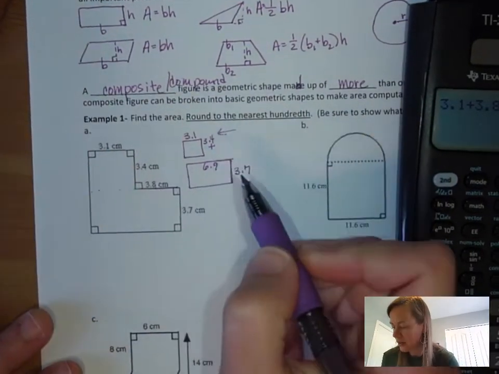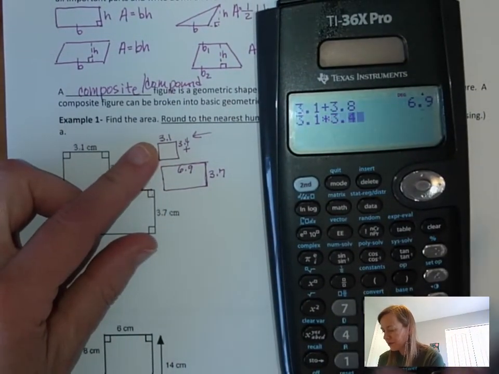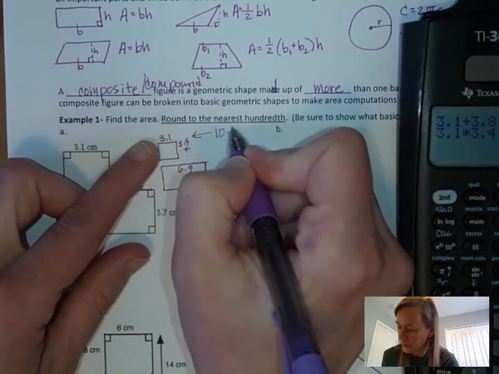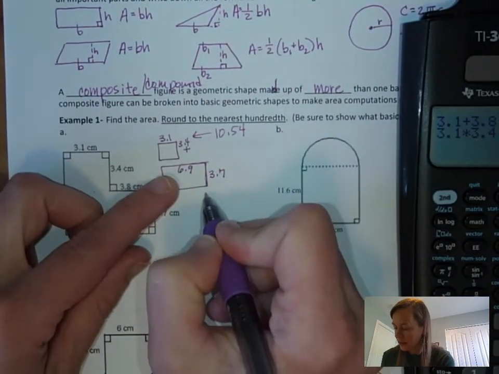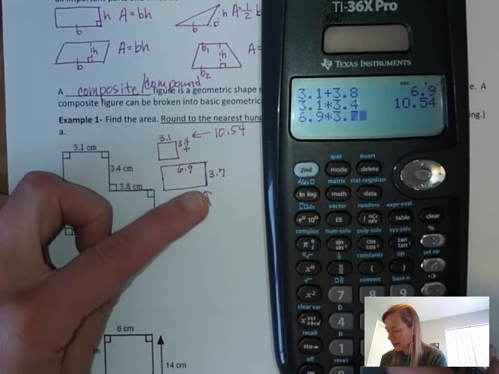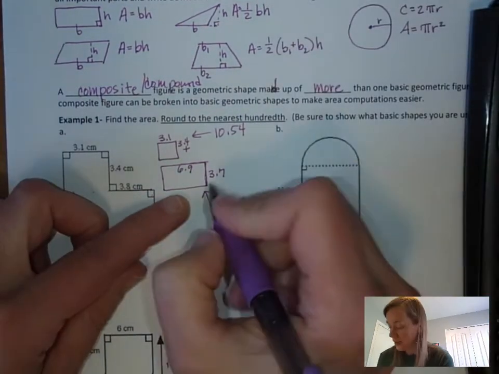So this one here, you're going to do length times width. So 3.1 times 3.4, that's going to give us 10.54. What about this one? 6.9 times 3.7, 25.53.